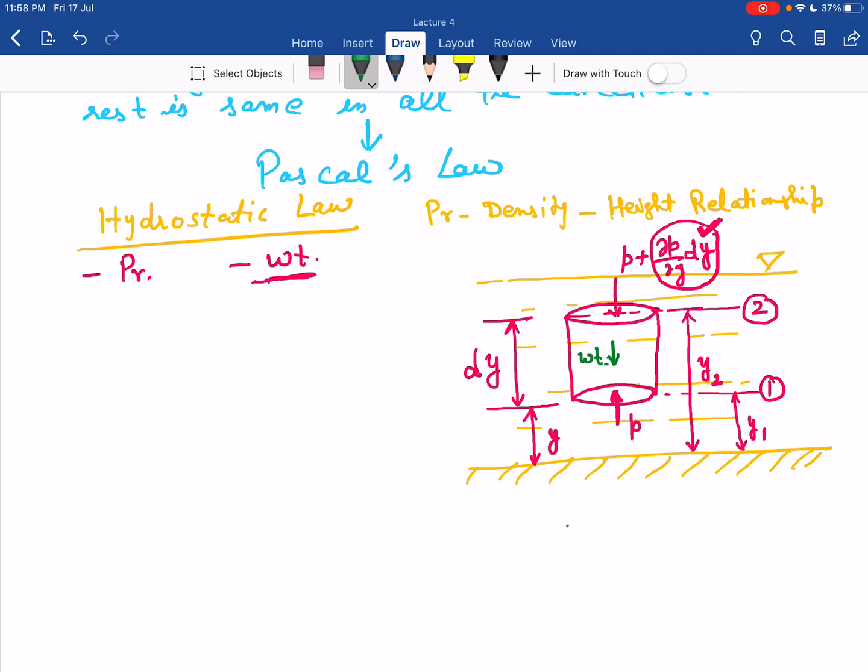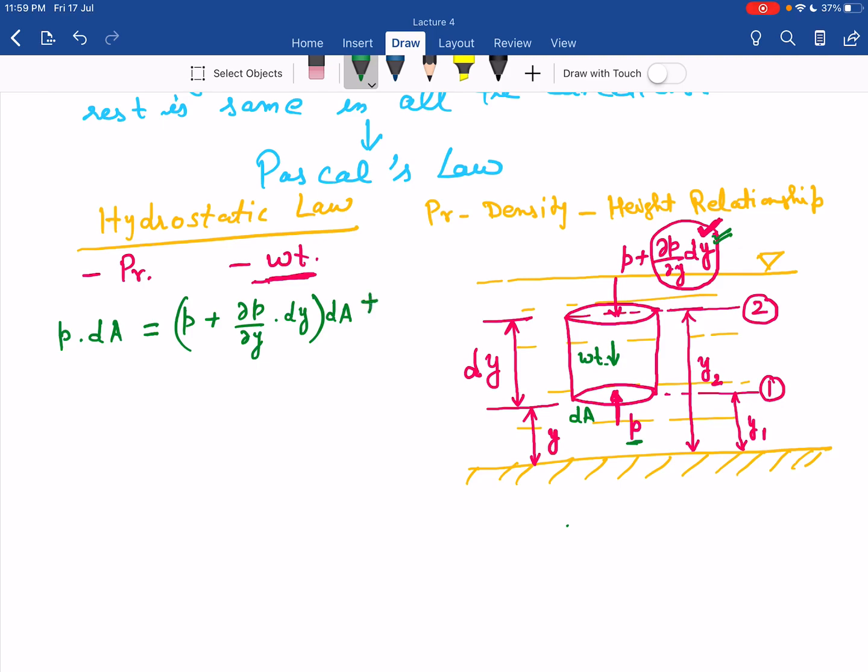Okay. So now we balance the forces. The force in the upward direction is P into the area of the base. Say the area of this cylindrical element is dA. So the upward force is P dA. This is equal to the downward pressure force by this pressure intensity, P plus ∂P/∂y into dy, into dA, plus the weight of the element.